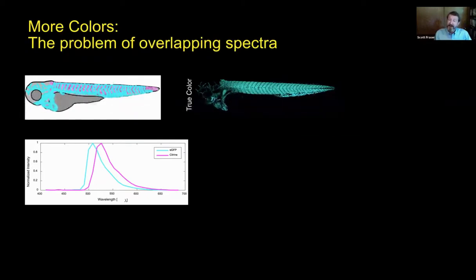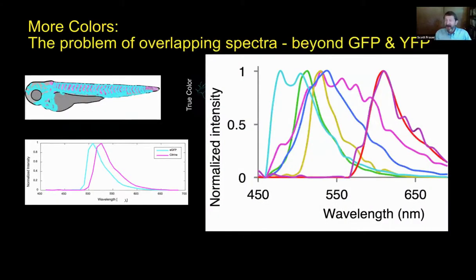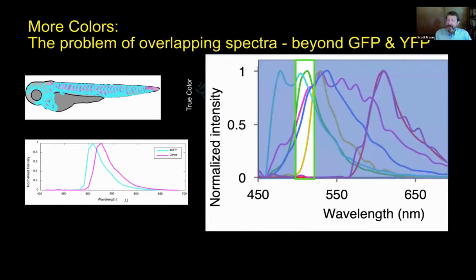So what we want to be able to do is to separate out these overlapping fluorochromes and also separate them out from the many other things that are there. Now, one temptation would be just to use very narrow bandpass filters, but as you can see, even with this simple cartoon, it would be very hard to find one narrow bandpass that would reject one of the fluorescent proteins and collect light from the other one.